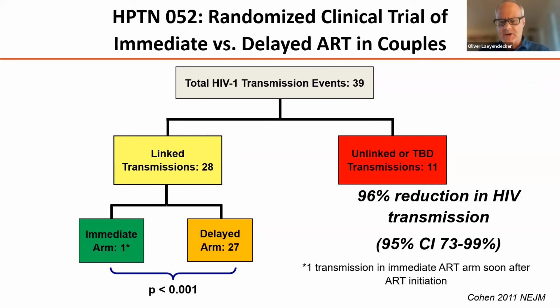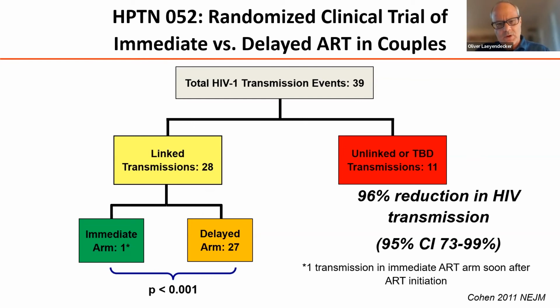So within the primary trial, there were 11 out of 39 couples in which the originally negative partner got infected, were determined not to come from their prevalent positive partner.